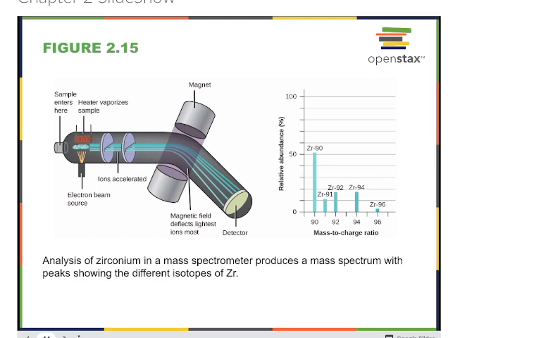We can round here, so it would be 90 times 0.5, because you have to move the decimal of a percentage two times to the left. 91 times, we'll say this is about 10%, so 91 times 0.1, plus 92 times, I would say this is about 15%, 94 times about 15%, and 96 times about 5%.